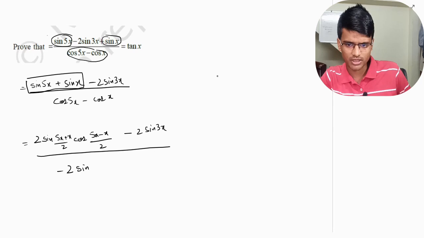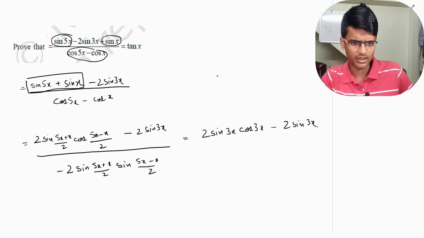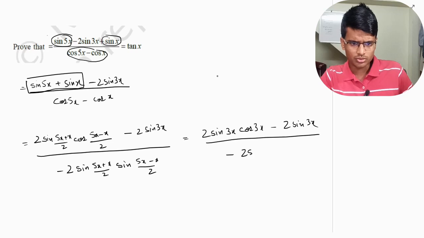In the denominator, again I'll be applying the same formula, but here for cos, this is nothing but minus 2 sin of (x plus y)/2 sin of (5x minus x)/2. On simplifying this, what do I get? I get 2 sin 3x cos 2x minus 2 sin 3x, minus 2 sin 3x sin 2x.